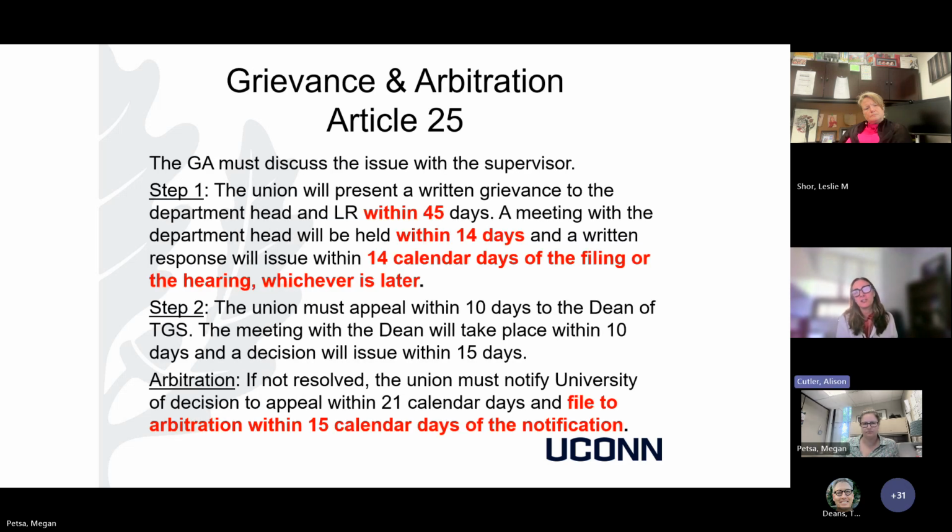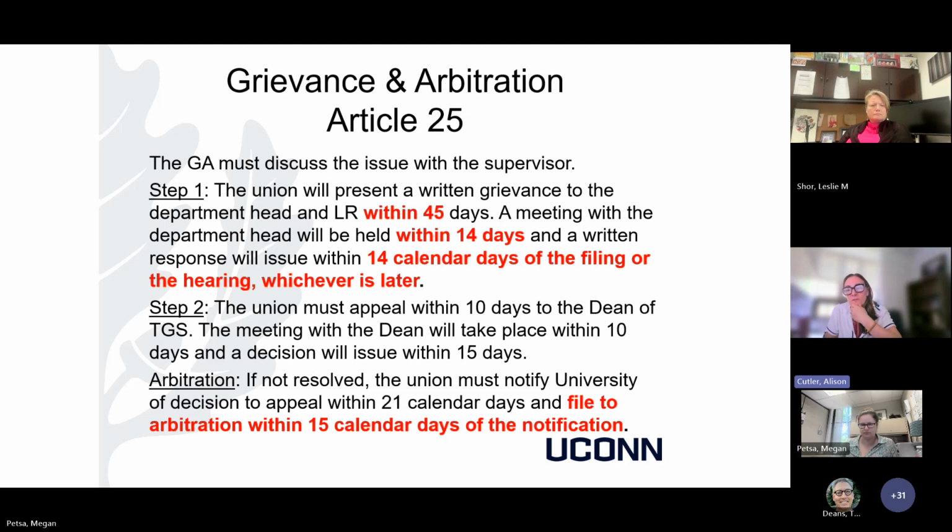So there was a lot of discussion in the grievance and arbitration provision about when they can appeal a grievance, how many days, and to arbitration. Some of these days have been changed from the current contract to the new contract. They are required under our contract to let labor relations know when they get a grievance.